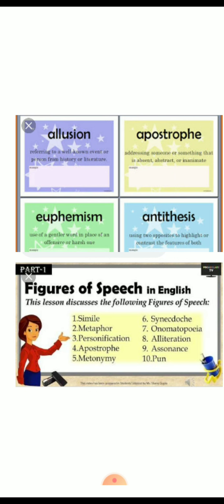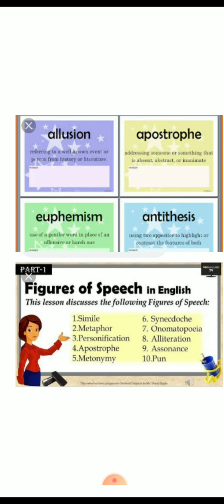So next is onomatopoeia. What is that? It means the use of words, the sound of which suggests the meaning. In our writing we use some words which are words of sound and which suggest the meaning.